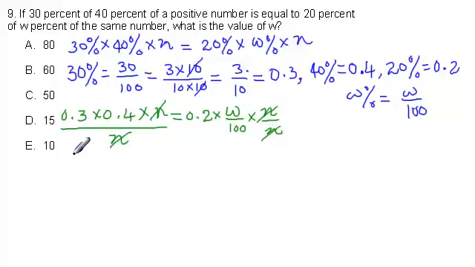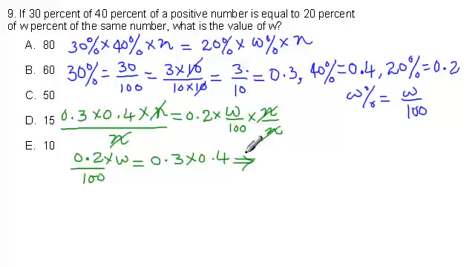So my equation becomes, I will write W on the left side, 0.2 over 100 times W is equal to 0.3 times 0.4.